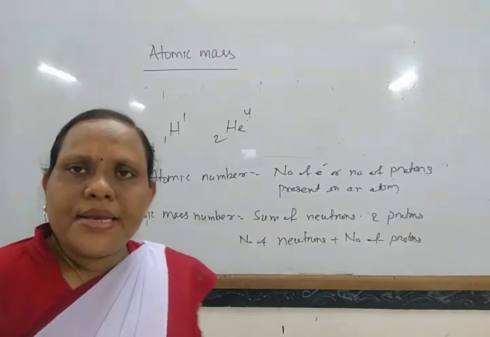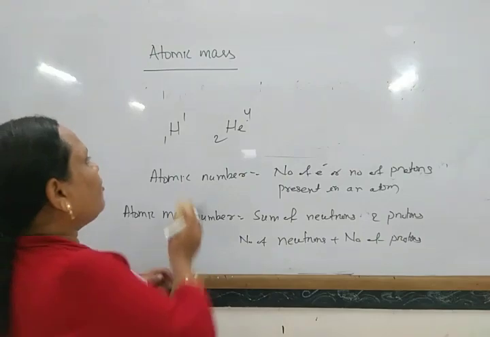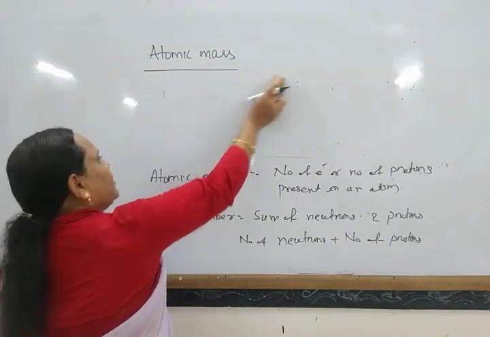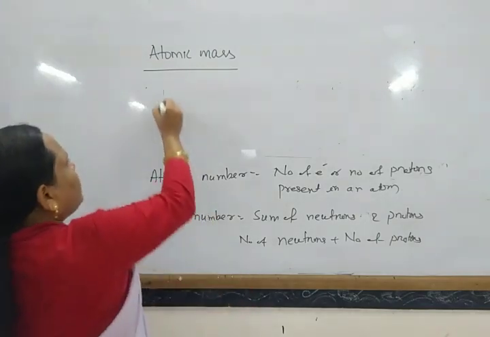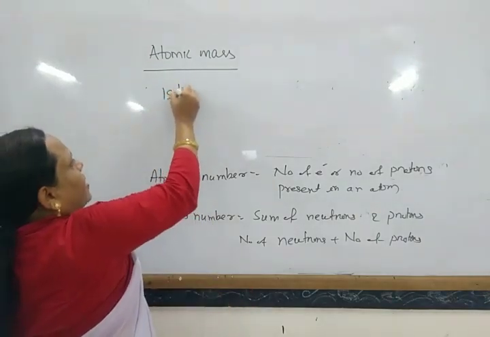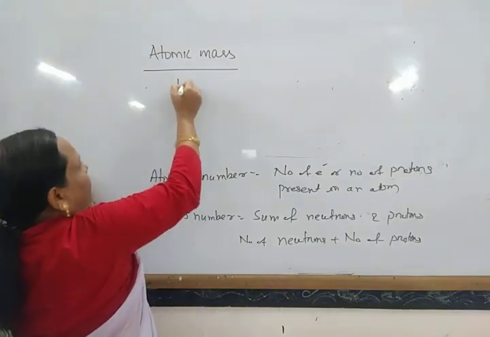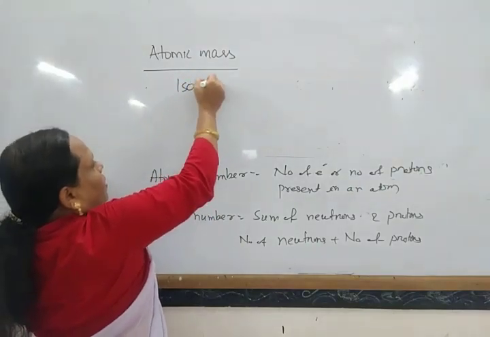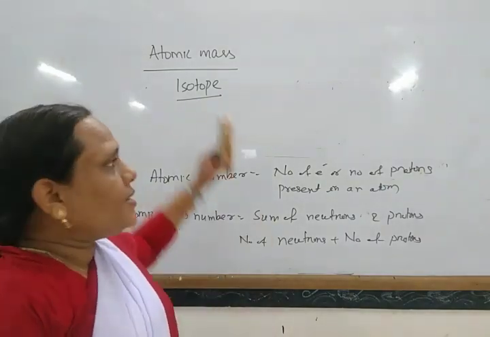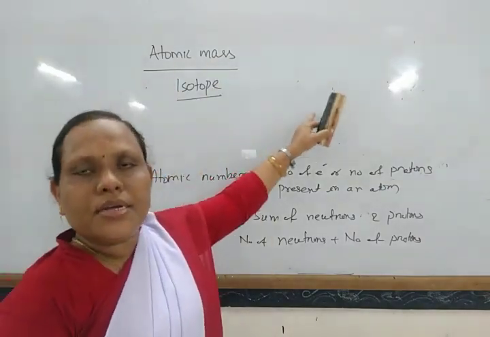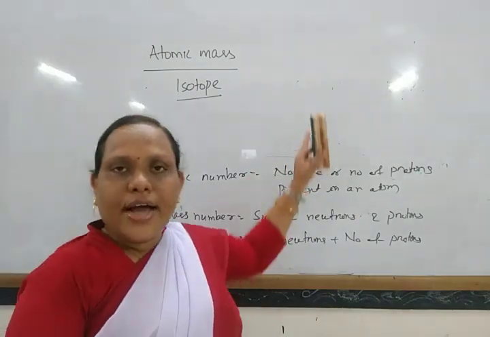So there are some elements which exist in different isotopic forms. What do you mean by isotope? I think all of you know what is isotope. Same element having same atomic number but different mass number is known as isotope.